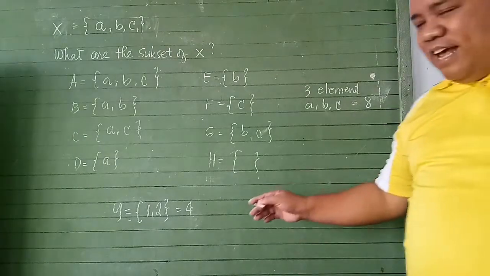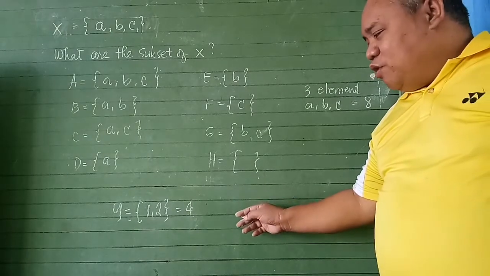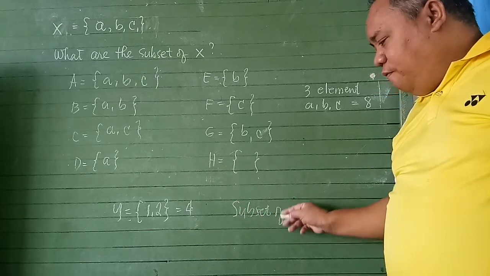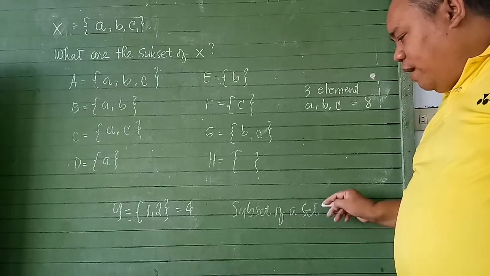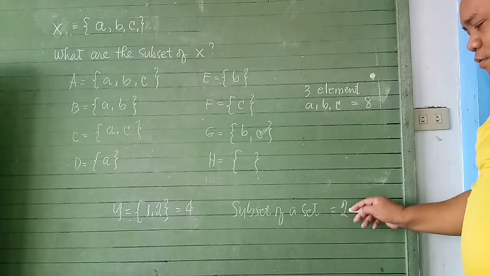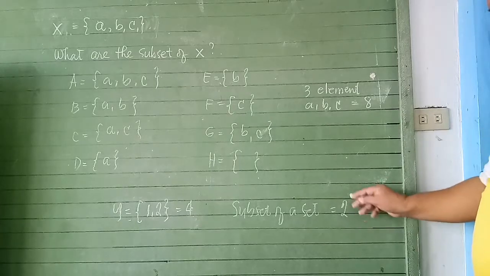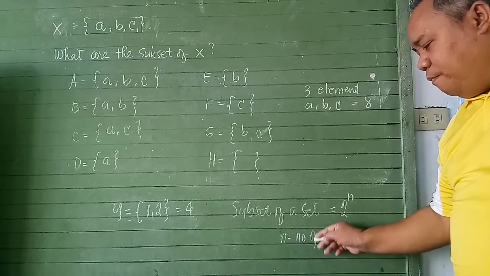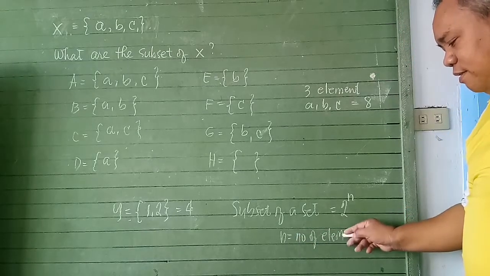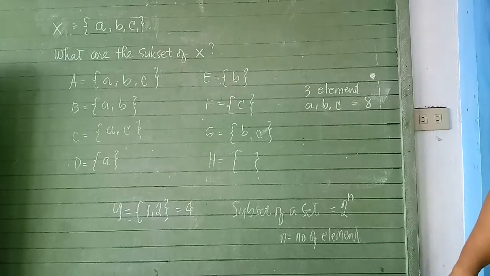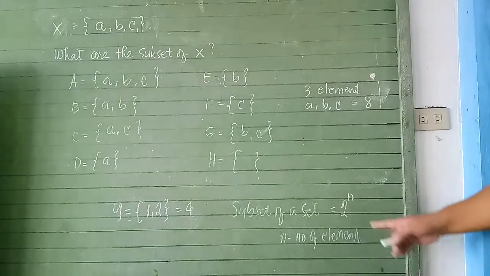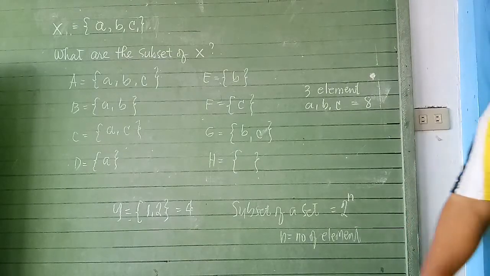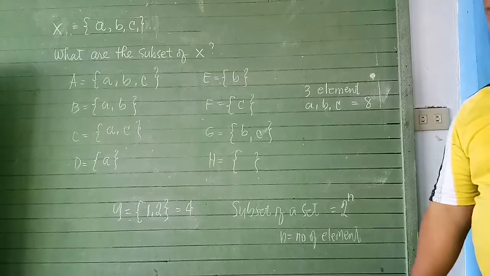Okay. So, kung titingnan natin, to find the subsets of a set, we're going to follow the formula 2 to the n. Yan, 2 to the n, where n here is the number of elements. So, ibig sabihin, kung ilan yung number ng elements, we're going to use the formula 2 to the n, and we can define how many subsets we have.